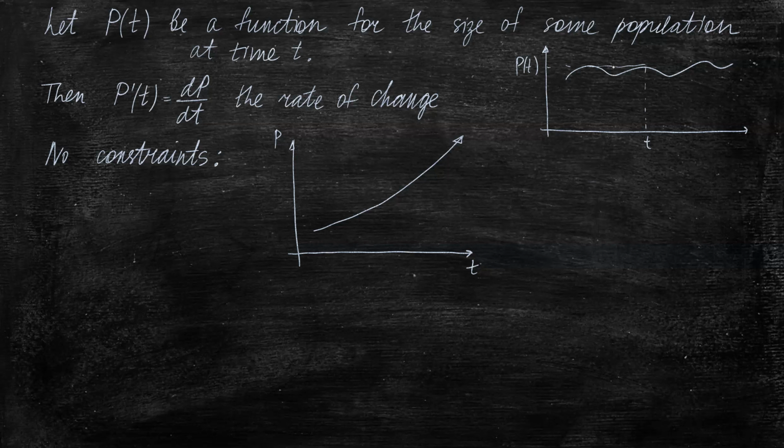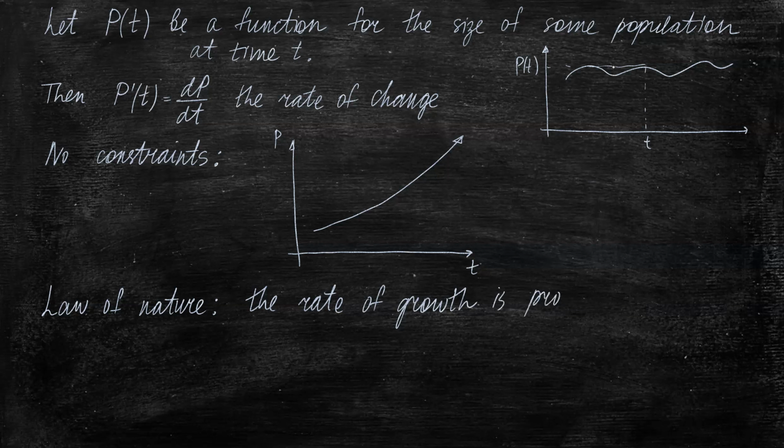And usually in nature, it has been observed that the rate of growth, so it's like the law of nature, when you have infinite supply and no constraint, then the rate of growth we say is proportional to what?